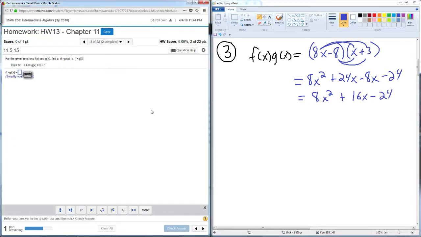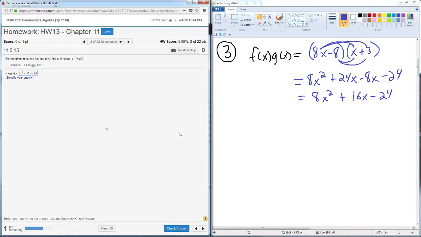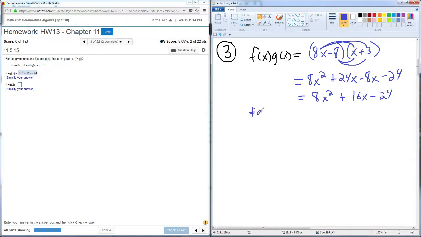Let's see if I can type it in correctly this time. 8x, I'm going to use shift 6 for the up arrow to give me that power of 2. Right arrow to get out. Plus 16x minus 24. Did I get it? Yes, I did. So let's plug in that 2. So plug in f times g of 2.